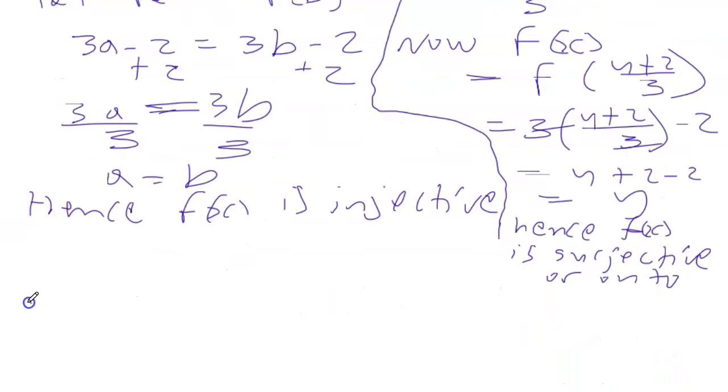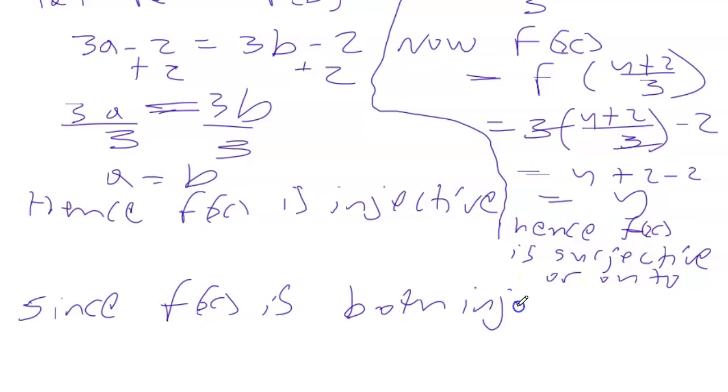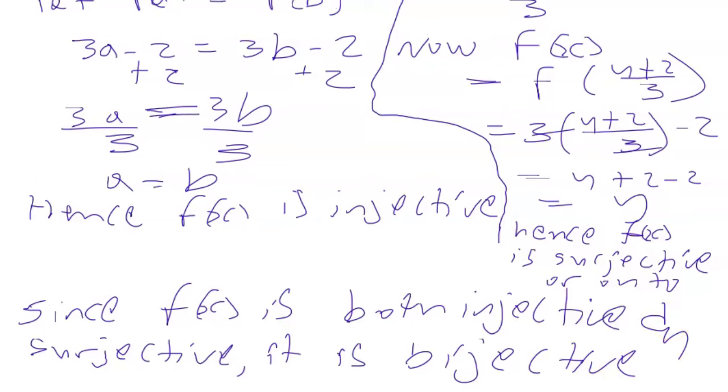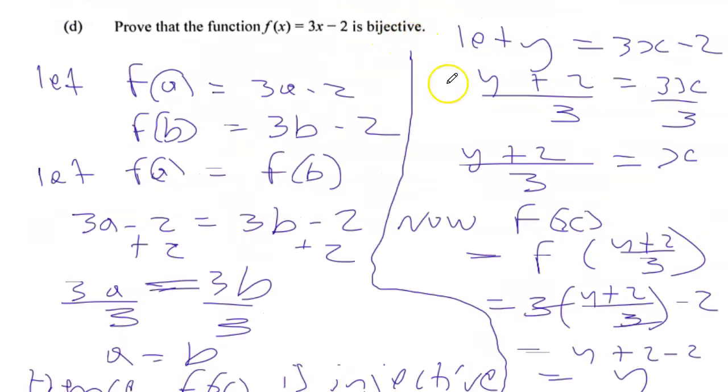Alright, so since f of x is both injective, same thing as 1 to 1, and surjective, it is what we call bijective. Alright, so a function is bijective if it's both injective and surjective.